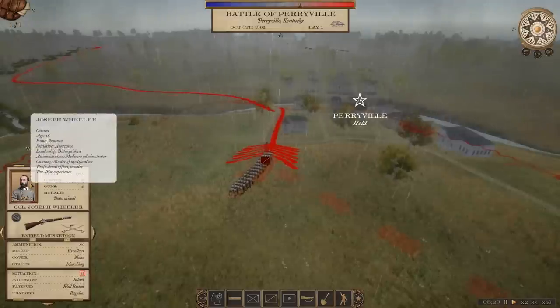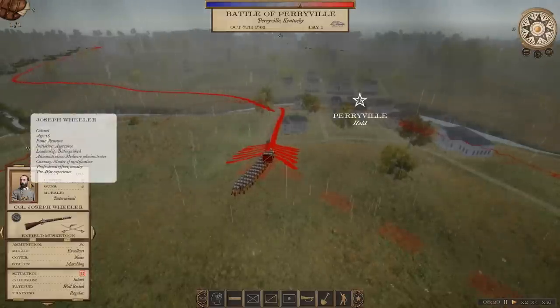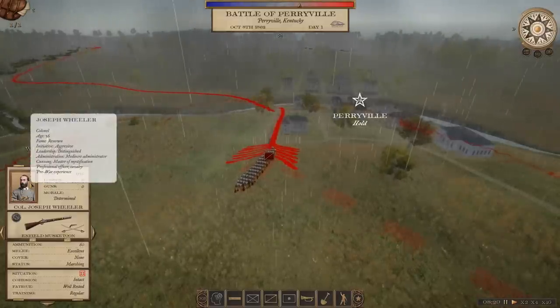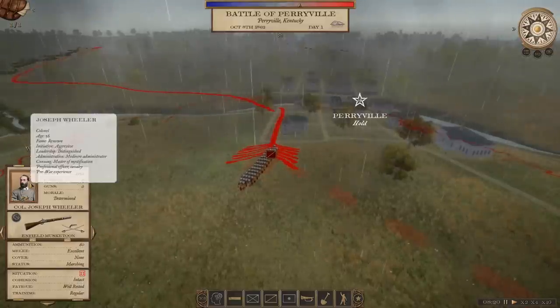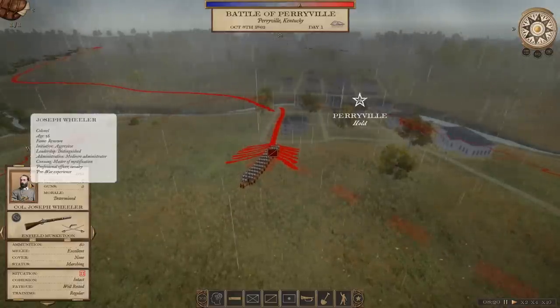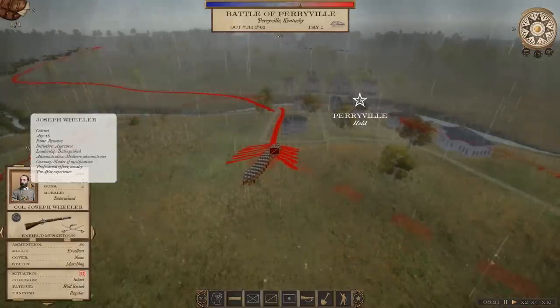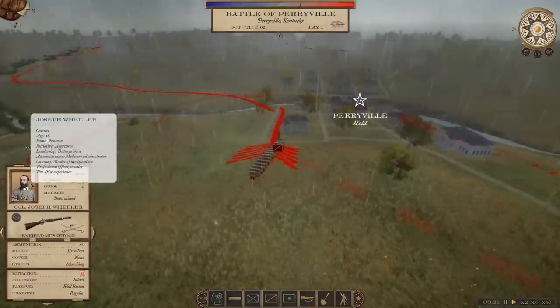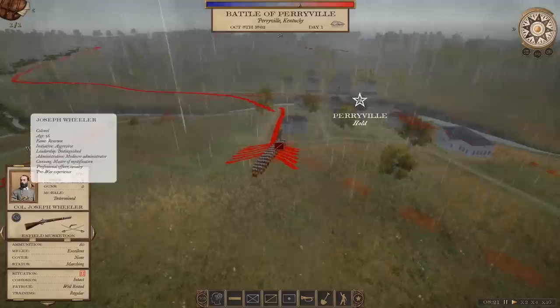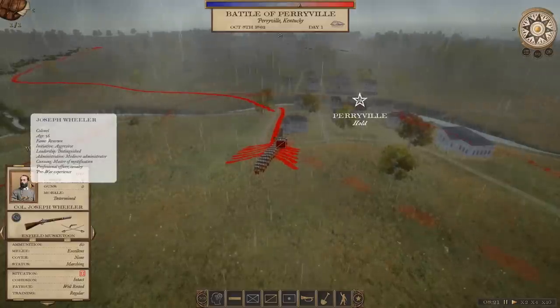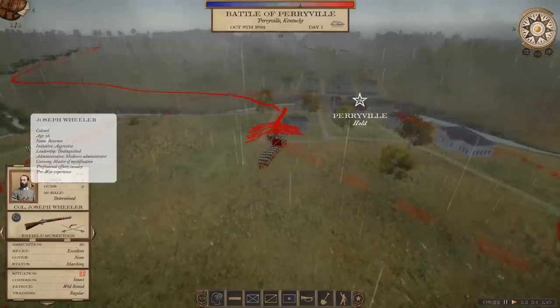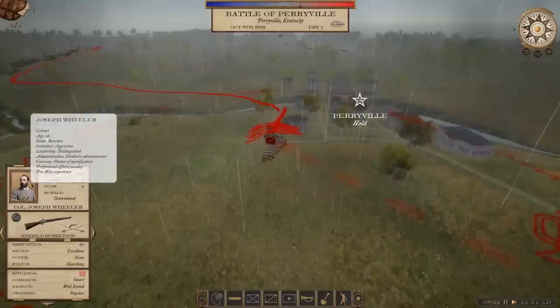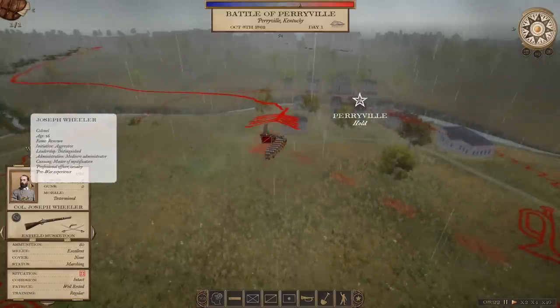So for example, Joseph Wheeler here is a colonel, age of 26. His fame is quite renowned. He's aggressive. His leadership methods are distinguished. He's a mediocre administrator and quite a cunning commander. He's a professional officer and also has combat experience before the Civil War.